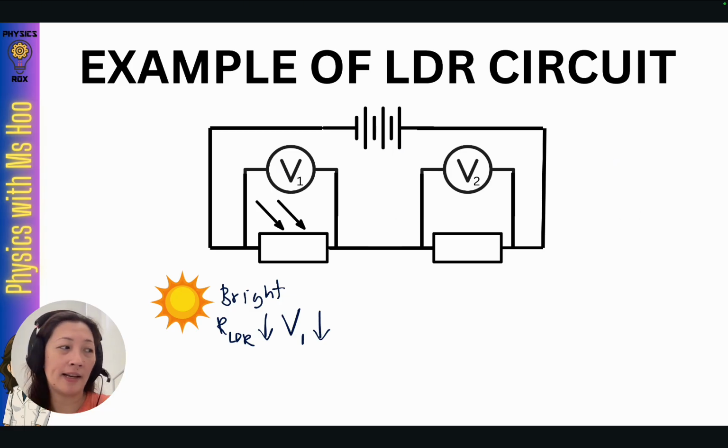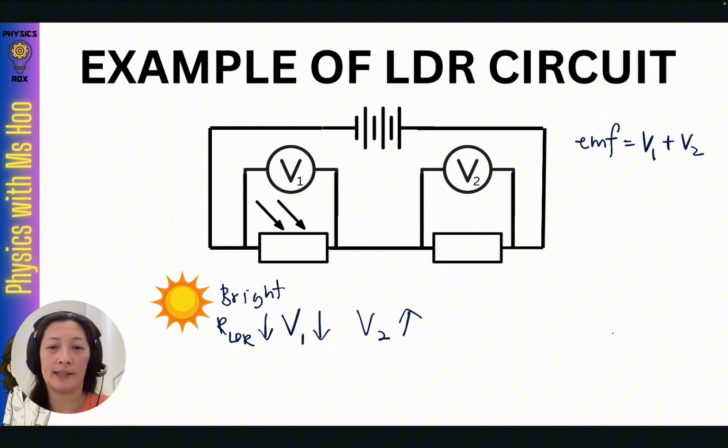So using our understanding that the electromotive force from the batteries would be equal to the sum of V1 and V2. So you should know, of course, that EMF is a fixed value, which is the voltage of the battery. So you can see from this equation that if V1 were to drop, this would cause V2 to increase.